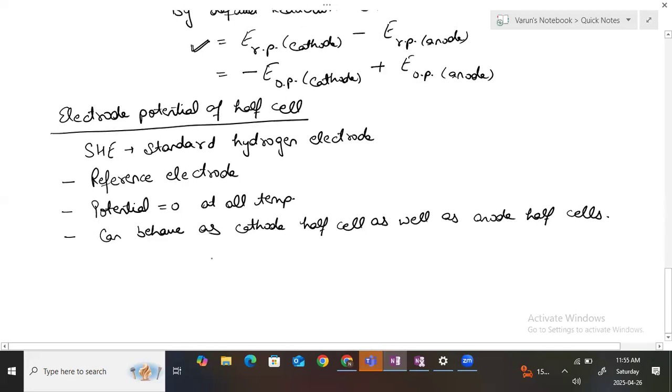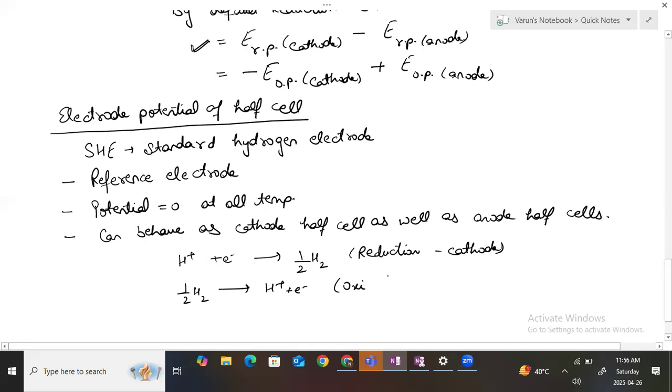So hydrogen has the ability to behave like a cathode as well as an anode. Like in this, H positive can be converted into H2, which means it can act as reduction, or I can say cathodic half cell. Also, it can undergo oxidation and can act as an anodic half cell.